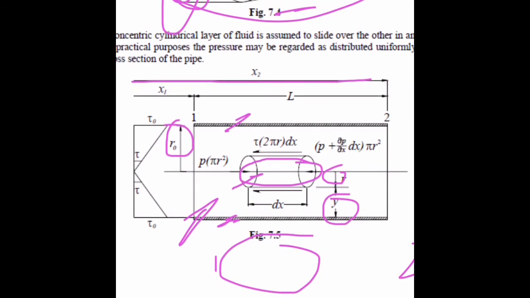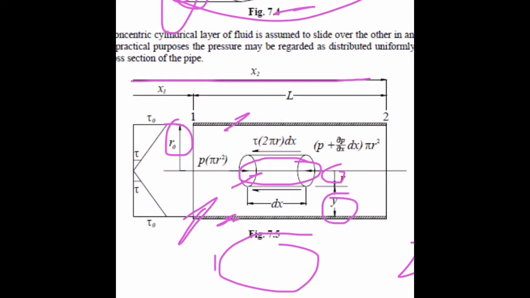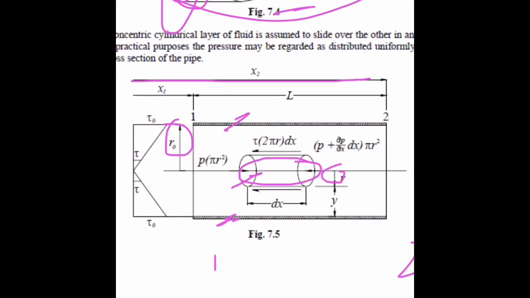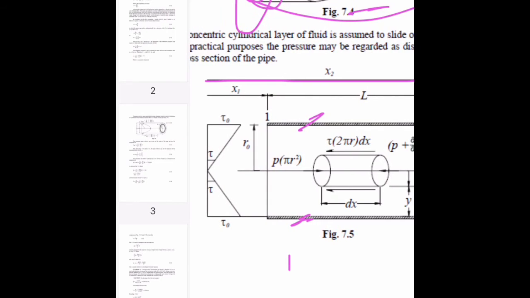Again, on the fluid element, only one shear stress will occur along the whole surface, and that shear force is given by tau into 2 pi r into dx, where dx is the length of the fluid element.